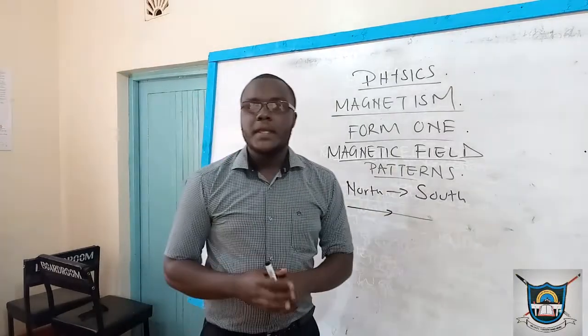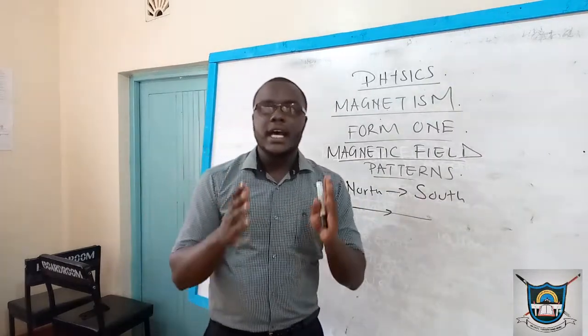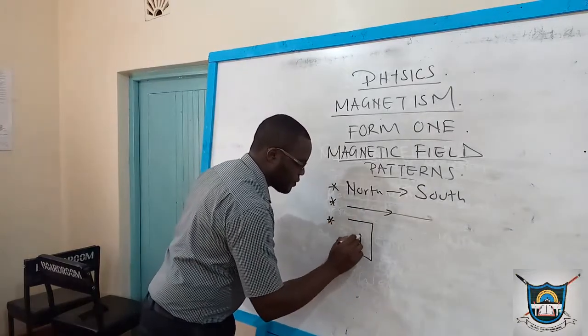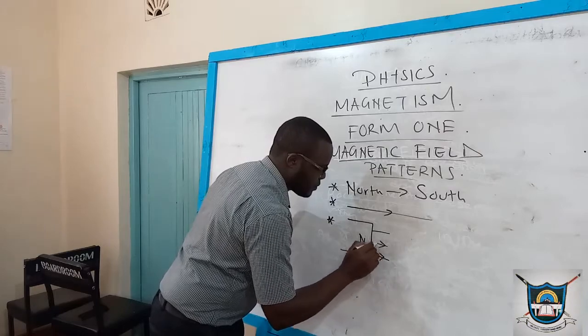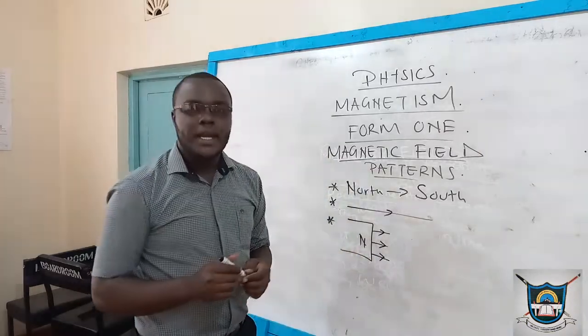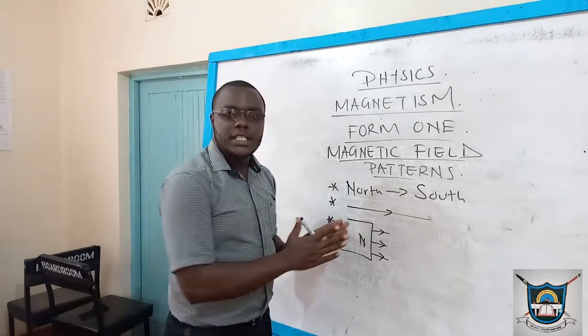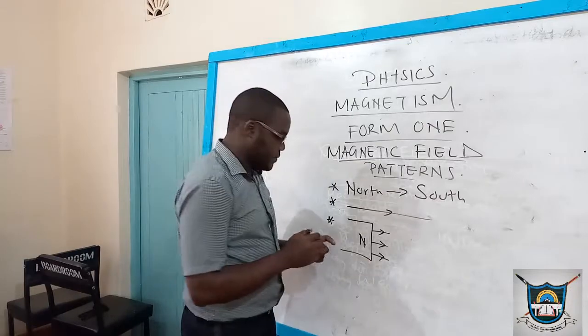Finally, the magnetic field pattern should always leave the magnet at 90 degrees. As much as they appear curved in some diagrams, they always leave the surface at 90 degrees.